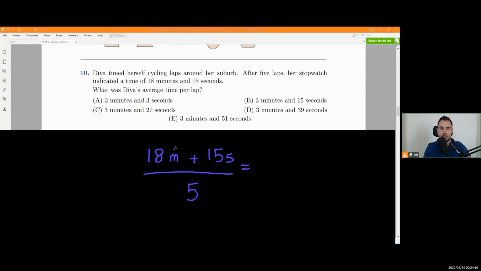So I think the best way is to write this as 15 minutes plus 3 minutes. So it'll be 15 minutes divided by 5 plus 3 minutes, which is 180 seconds, plus 15 seconds.